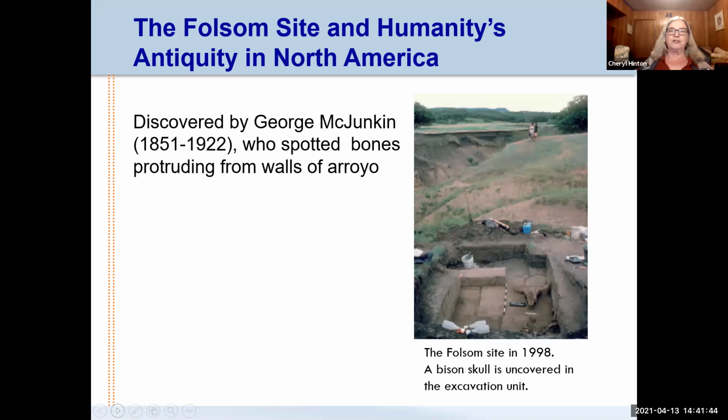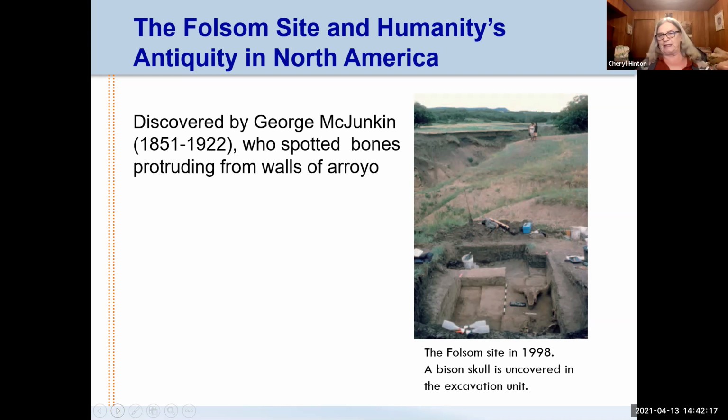All right, so the Folsom site was important because when people were first trying to figure out what was going on in the Americas, we needed evidence. We had all kinds of ideas, but we needed evidence. And there was a cowboy by the name of George McJunkin, who is well known at the Folsom site for seeing some bones that were protruding from the walls of an arroyo.